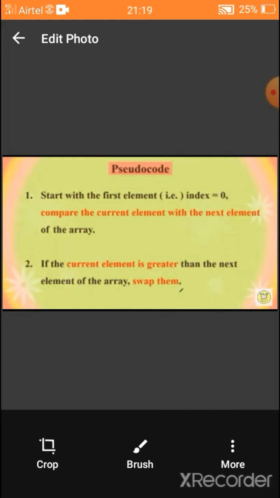The first step is to start with the first element, that is index 0. It compares the current element with the next element, that is the adjacent element of the array. The next step is, if the current element is greater than the next element of the array, swap them.